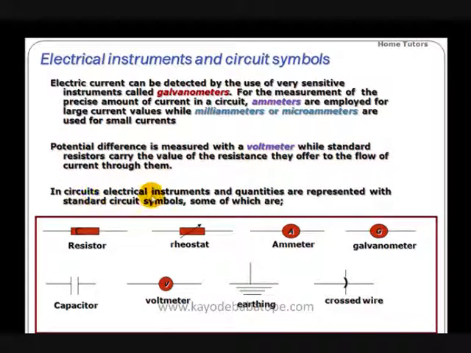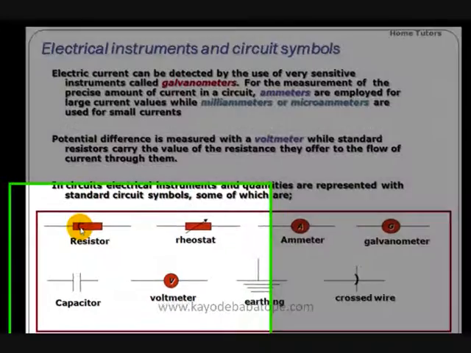In circuits, electrical instruments and quantities are represented with standard circuit symbols. Anytime you see a rectangular box like this, usually a resistor diagram will carry as part of the diagram the quantity of resistance which it offers.